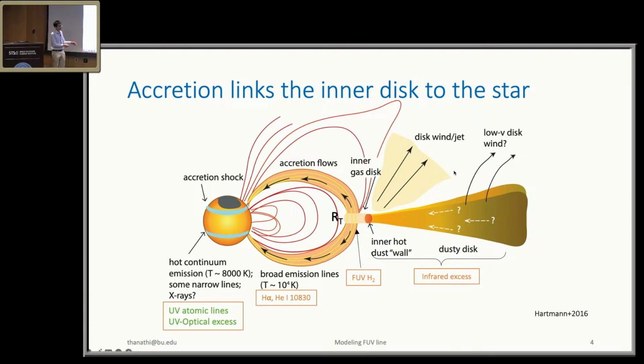So mass from the disk spirals into the star, gets truncated by the magnetosphere, the magnetic field of the star, at the truncation radius here, which will be important later, flows onto the star through the accretion flow and creates an accretion shock. In the accretion flow, we see the broad emission lines like the hydrogen Balmer series and some helium lines perhaps. And at the accretion shock, we see the hot continuum emission that Kelly just mentioned, and also UV atomic lines.